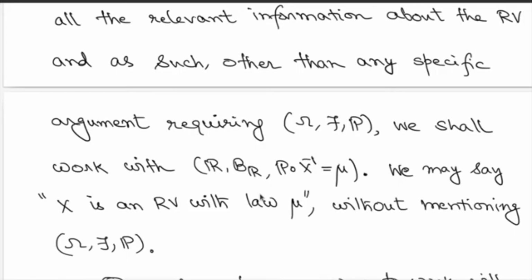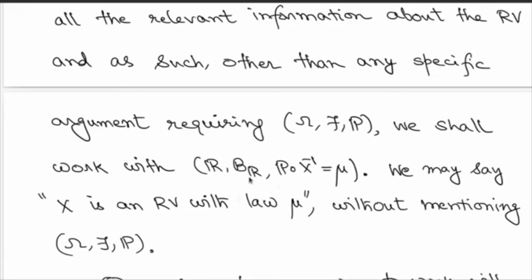So if you are dealing with a random vector, look at R^d, the Borel sigma field of R^d and the probability measure, that law. And if needed, you can construct appropriate random vectors with that specified law, right? So what you really want to do is to focus more on the range side rather than the domain side. Okay. So what we shall do is mostly work on the range side.